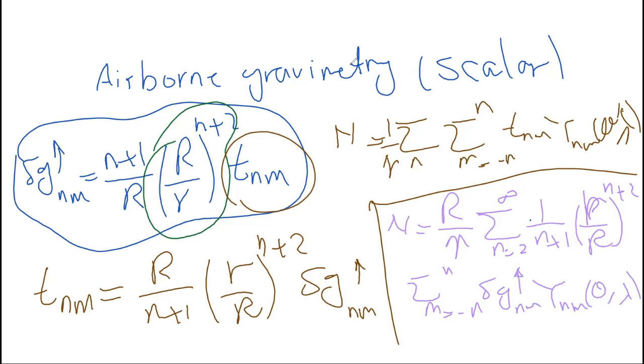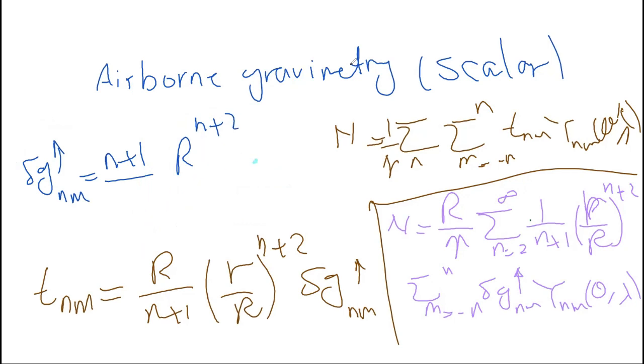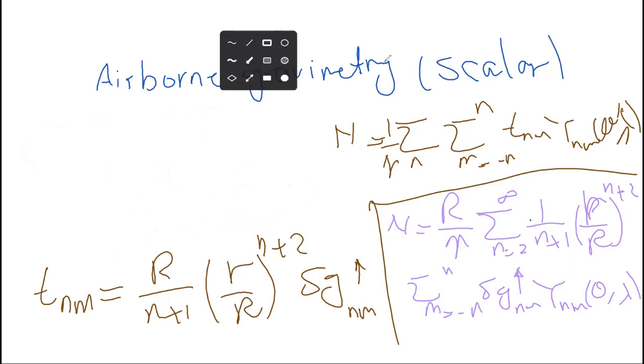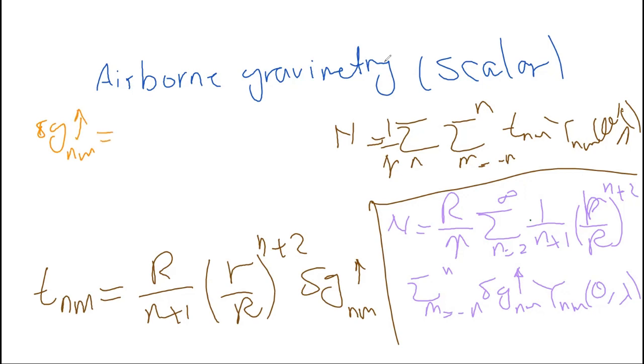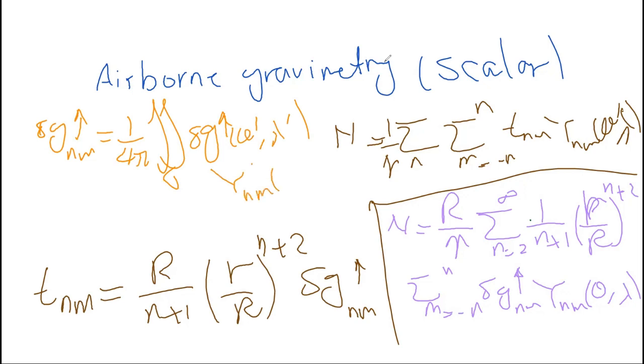Note that delta g is at airborne level. If we have a sphere at the airborne level, we can simply write this equation of harmonics again. Even at airborne level, it is correct. And delta g_nm at airborne level will be 1 over 4 pi, the integral of delta g at airborne, Y_nm(theta', lambda') d sigma.